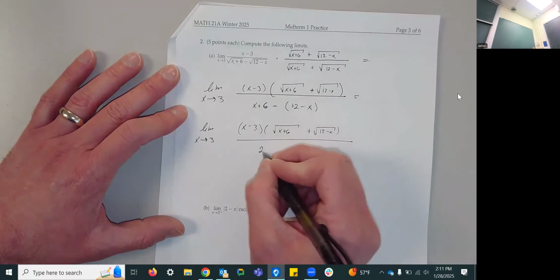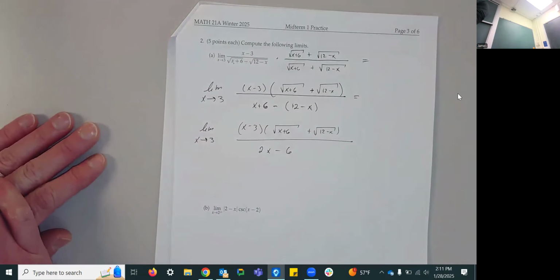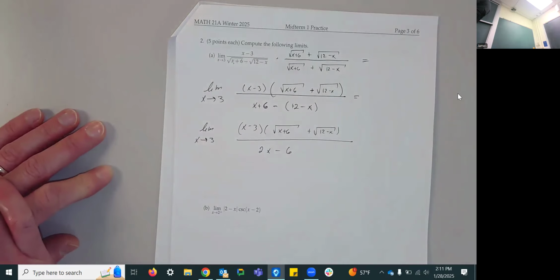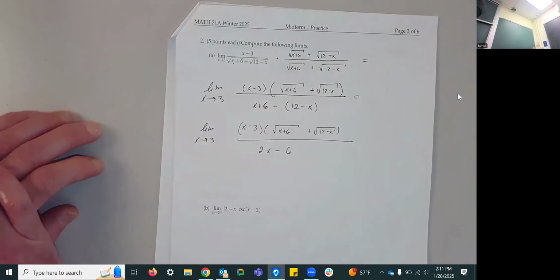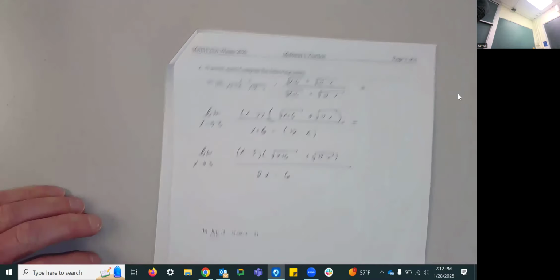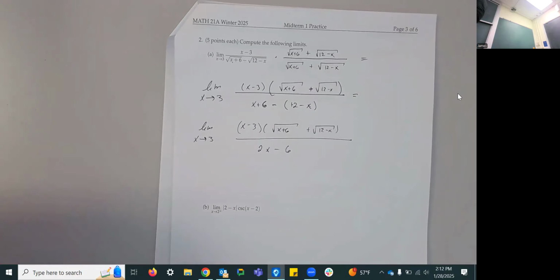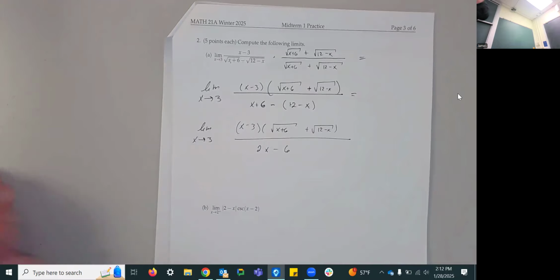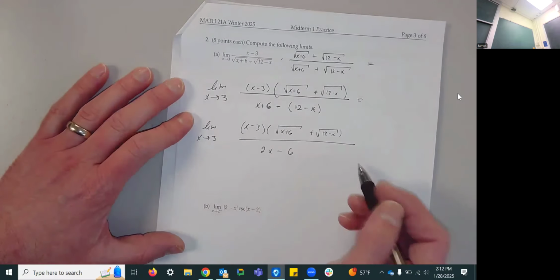We have 2x minus 6. If we hadn't distributed the minus sign, our x would have canceled out, and then we would have negative 6 on the bottom. That seems like a weird jump to get from a 0 over 0 to a not 0 over 0 without having canceled. So you have to cancel something for a 0 over 0. Typically, there are some weird exceptions, but usually that's what we have.